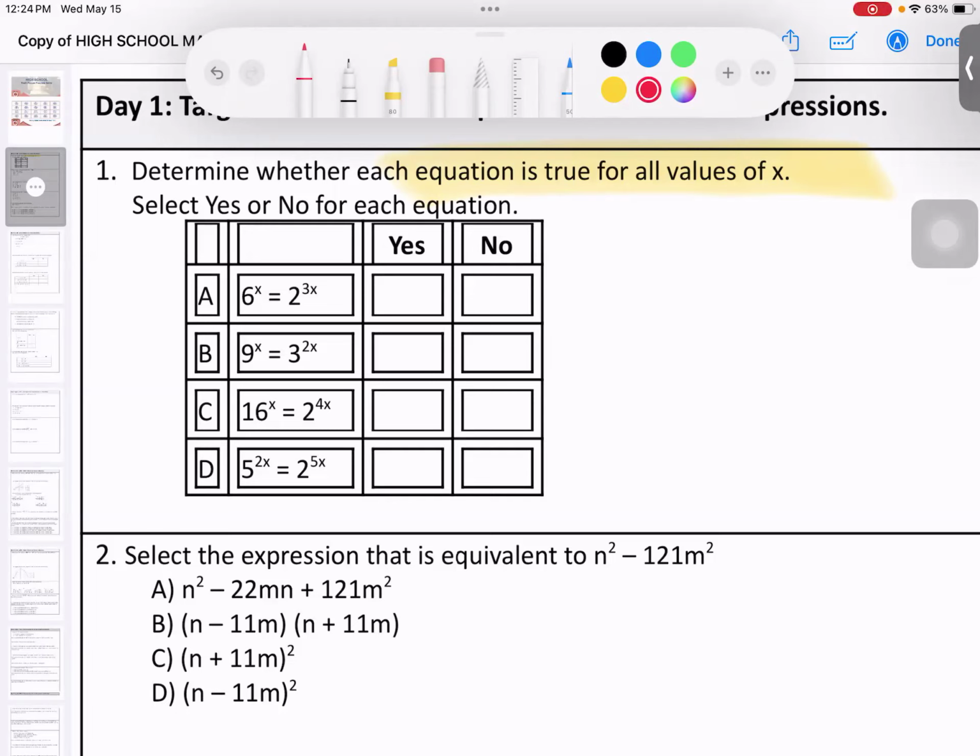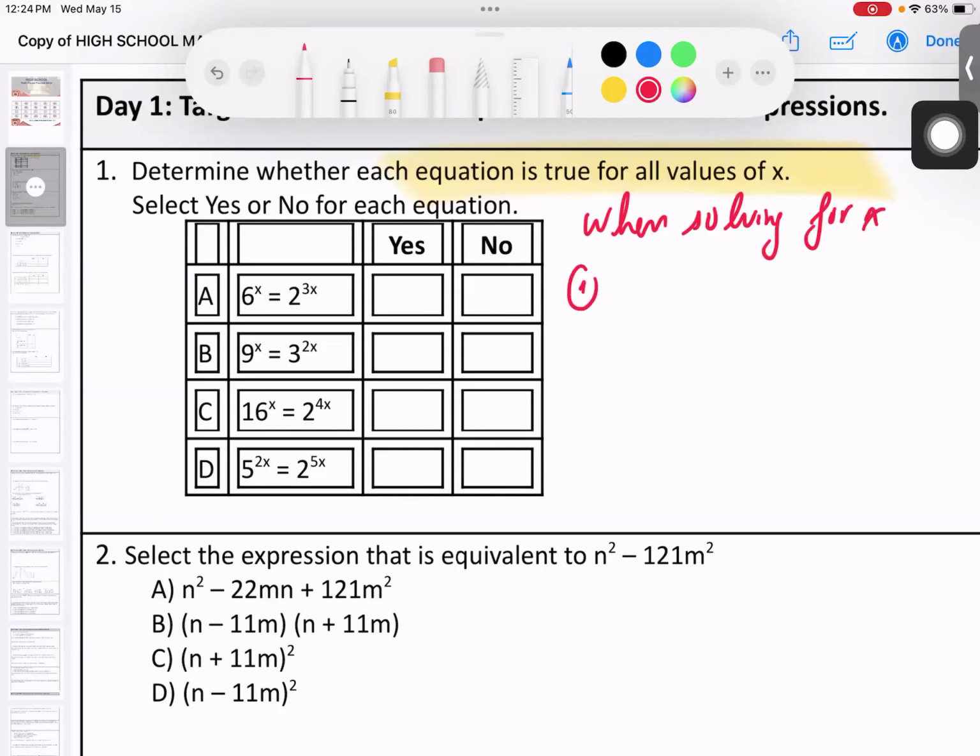Okay. So let's review a little bit about no solution and infinitely many solutions. So when solving, how do you know when it is no solution? When you get back a false statement.